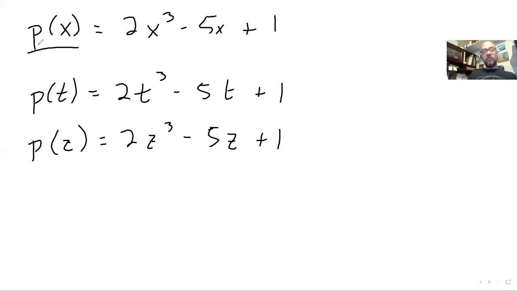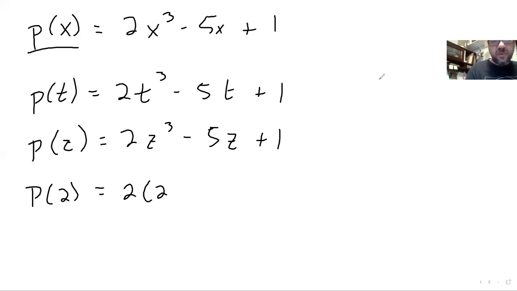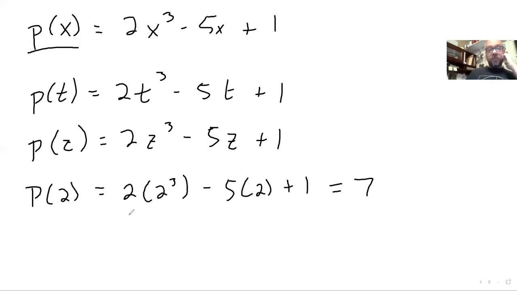So if p of x is 2x cubed minus 5x plus 1, p of t is the same thing with t's, p of z the same thing with z's, then p of, let's say, 2 is going to be 2 times 2 to the third minus 5 times 2 plus 1. And you can actually get a number for that. 16 minus 10 plus 1 is 7. So I would say that p of 2 is equal to 7.